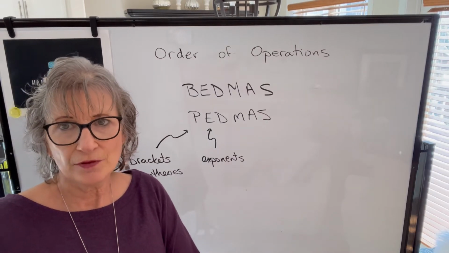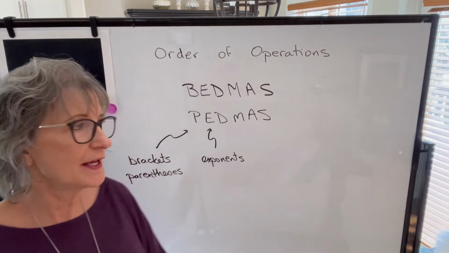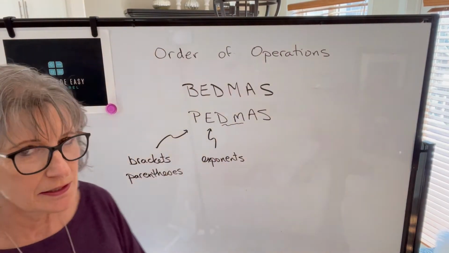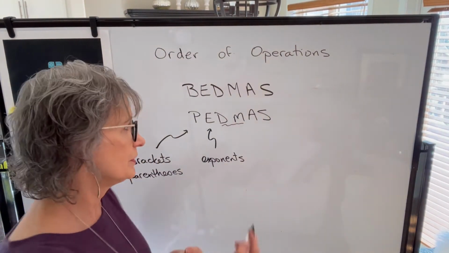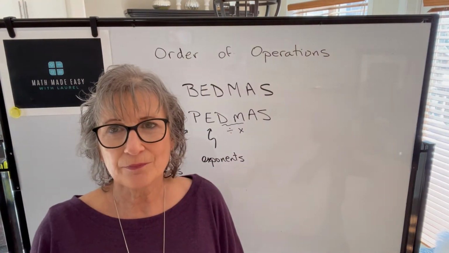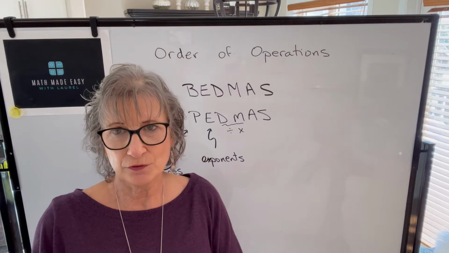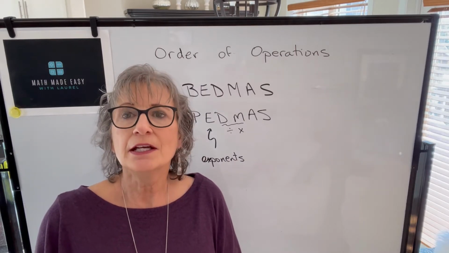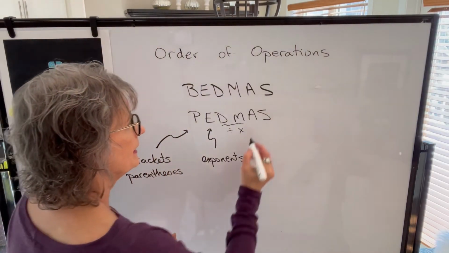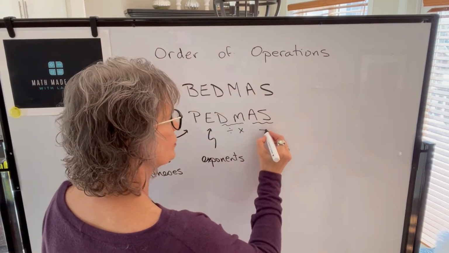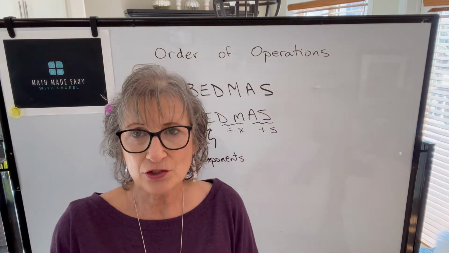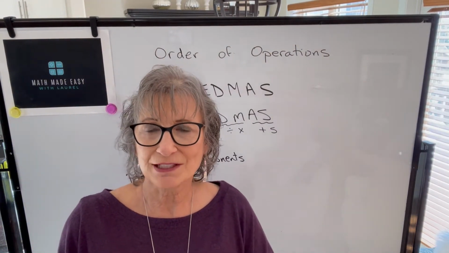Once we've taken care of any parentheses and exponents, then we look at our next operations, and those represent division and multiplication, and they have equal priority. So when you have a combination of division and multiplication, you just do those left to right. We do the same thing for addition, subtraction. They have equal priority. So when we have a combination of those, we do those left to right.